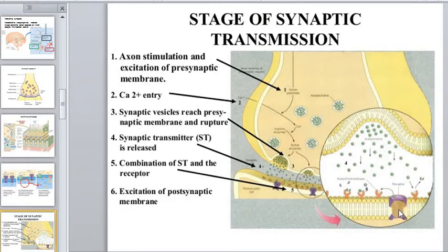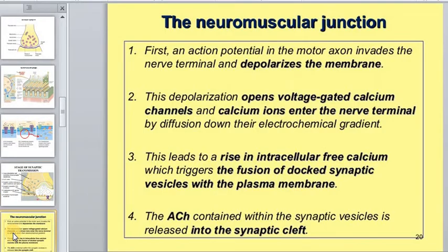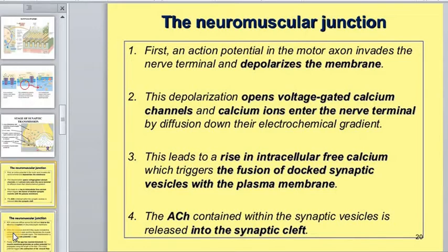The neurotransmitters released into the synapse are either recycled by reuptake pumps or degraded by enzymatic activity. We will discuss this next. And here you see all the stages and even more, with the neuromuscular junction as an example.